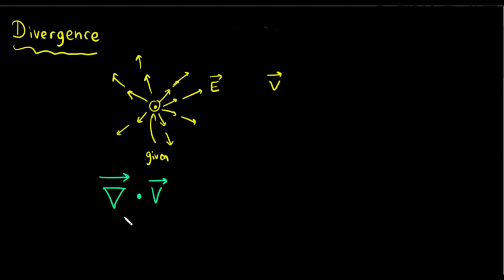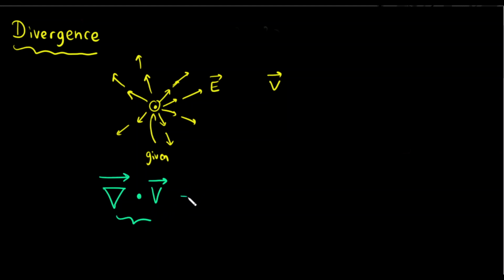So this is a scalar product actually, because you know that the del operator is a vector, and V is also a vector. When we have a dot product of two vectors, it will be a scalar.